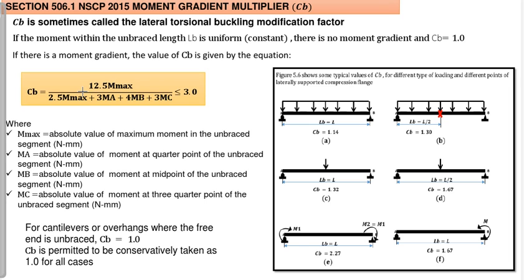That is equal to 12.5 Mmax over 2.5 Mmax plus 3Ma plus 4Mb plus 3Mc. That should be less than or equal to 3.0. So, pag may moment gradient tayo, gagamitin natin itong equation to solve for the value of our CB.